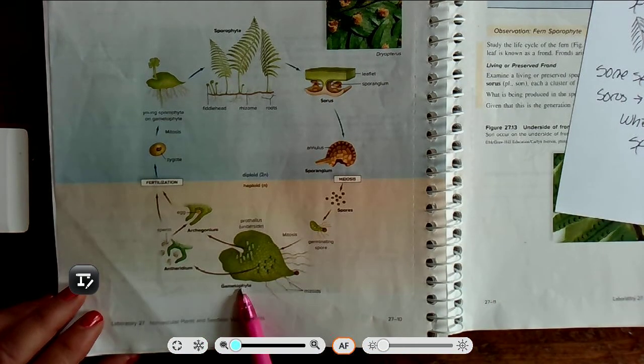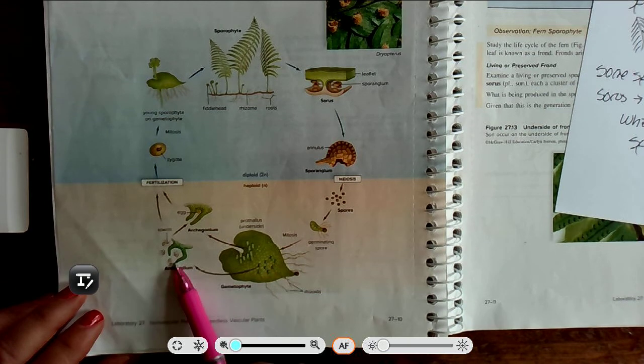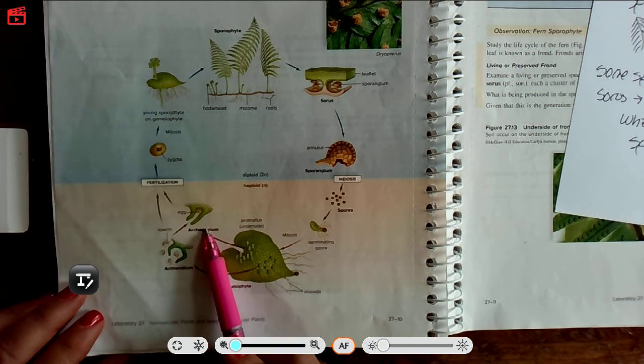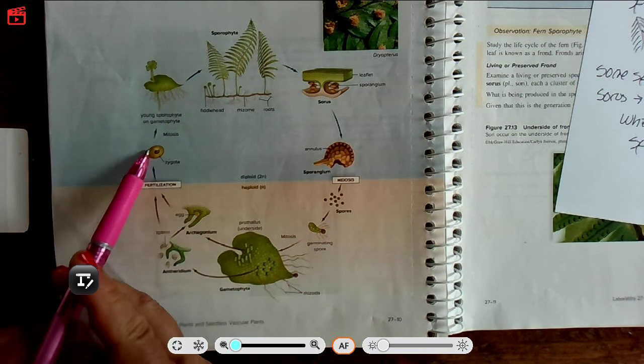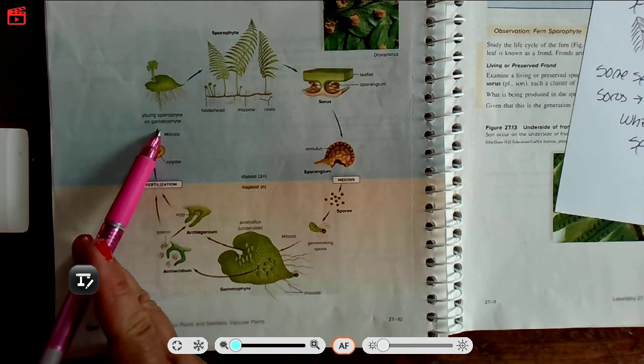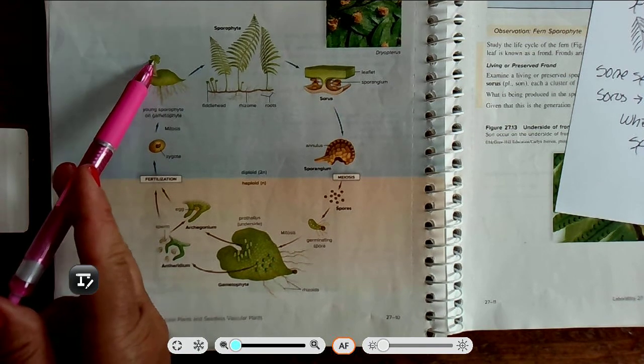Here's the gametophyte. This is the prothallus, and the underside contains the antheridium and archegonium. The antheridium makes the flagellated sperm, and the archegonium produces the egg. Under moist conditions, the sperm meets the egg, fertilization happens, we get the zygote, and then through mitosis, we get the young sporophyte, which grows on top of the gametophyte. There's your sporophyte.